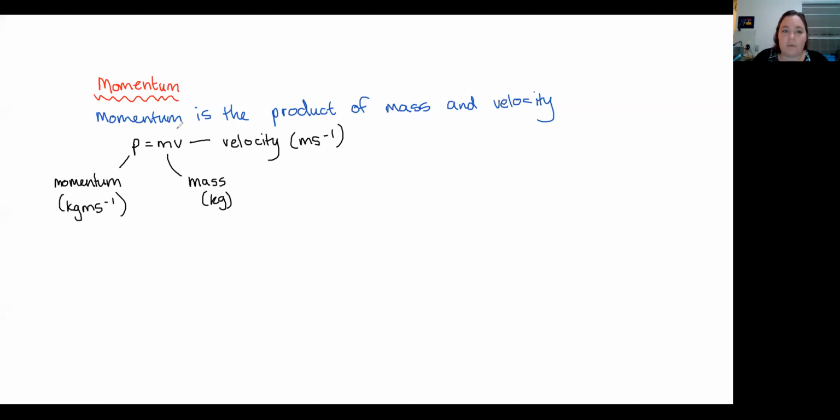So an object will have a large momentum and be difficult to change its motion if it either has a large mass or a large velocity or both. So if we deal with an object having a large mass, like a steamroller, it will have a large momentum.